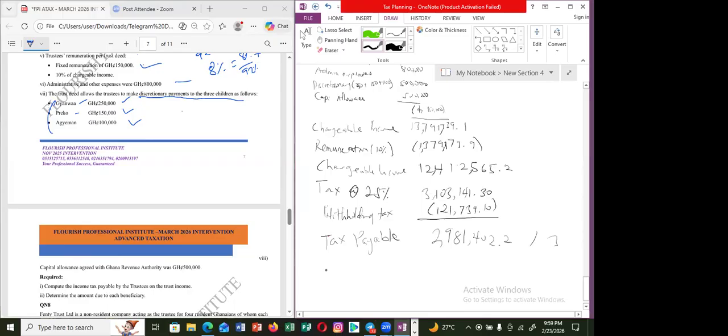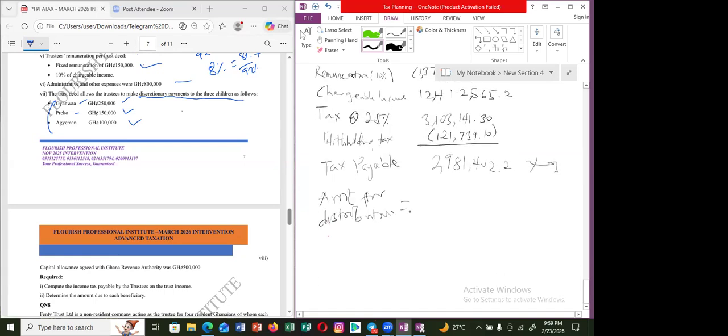So basically the amount for distribution, let me write it properly, would be equal to the chargeable income, 12,412,565.2, minus the tax at 25%, which is 3,103,141 point 3.